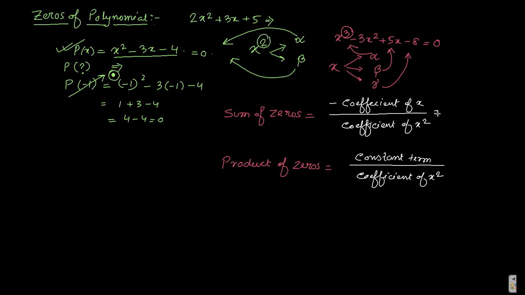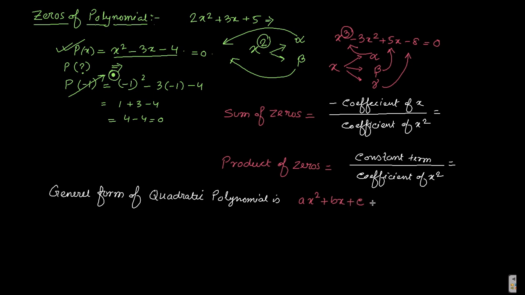To make it simpler, since these are quite large expressions, let's take the general form of a quadratic polynomial, which is ax square plus bx plus c, where a is the coefficient of x square, b is the coefficient of x, and c is the constant term.